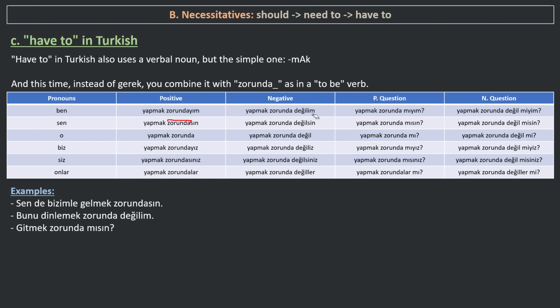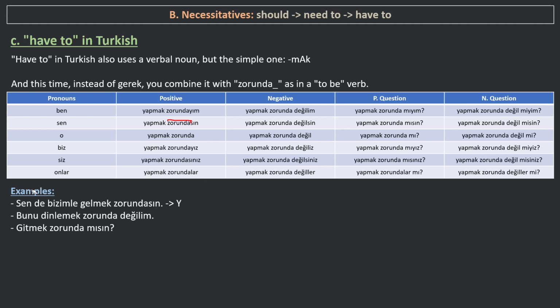And as you can see in the examples, sen de bizimle gelmek zorundasın. As I always say, when you read a Turkish sentence, doesn't matter if it's short or long, first always check the verb, because Turkish word order is different from English. So, zorundasın.